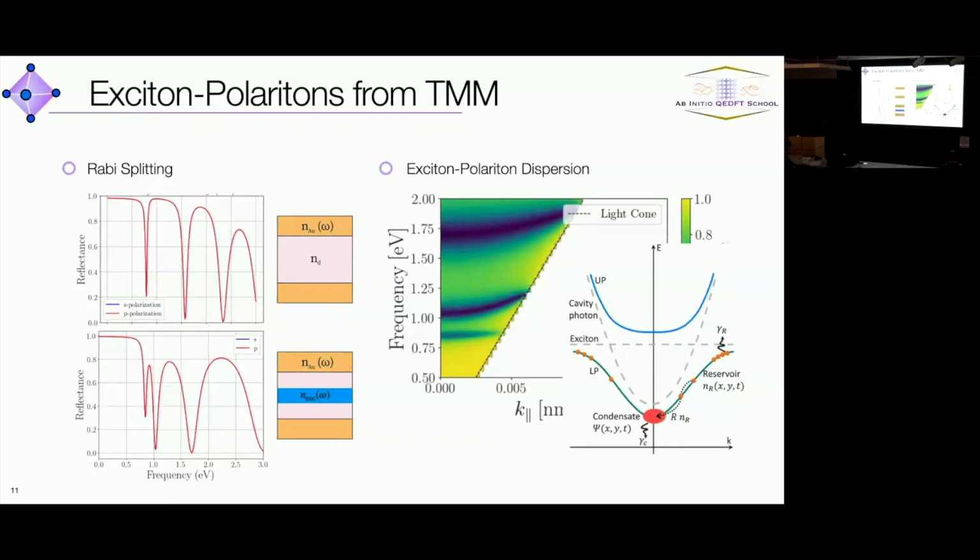Yes. Why is the cavity photon dispersion parabolic? I thought we have a cone, a light line. Well, we didn't solve Maxwell equations for this cavity, but let's see.